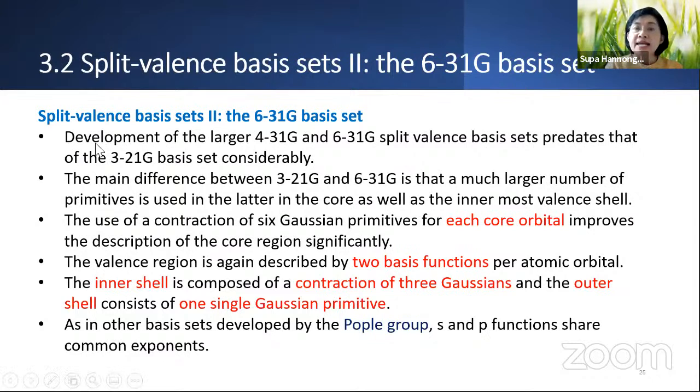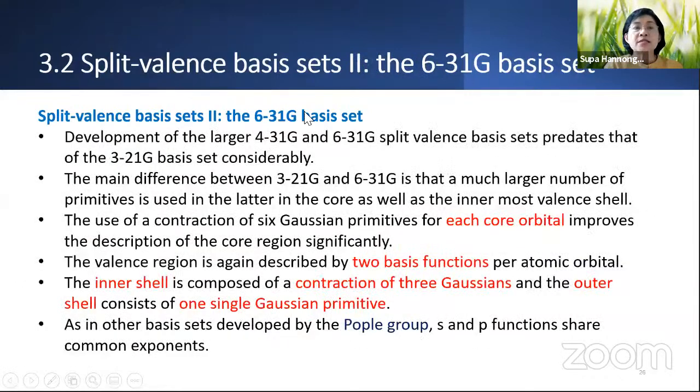Because the quantum scientists who developed the method tried to introduce many types of mathematical functions in order to improve the predictive ability of the 3-21G. Now, the split valence basis set type 2, we call it the 6-31G basis set.